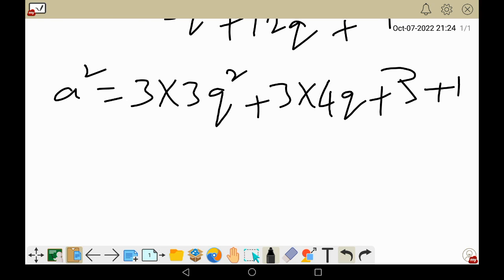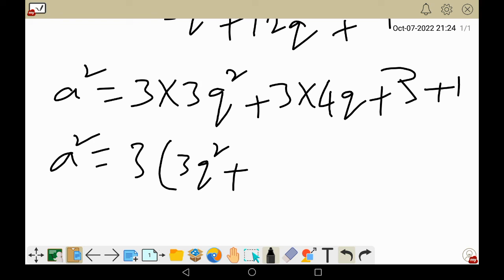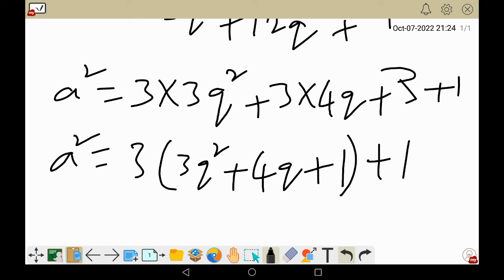So A square is equal to 3 common, the remainder is 3Q square, plus 3 common, the remainder is 4Q, plus 3 common, the remainder is 1, plus 1 as it is.